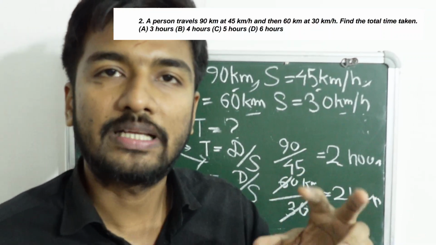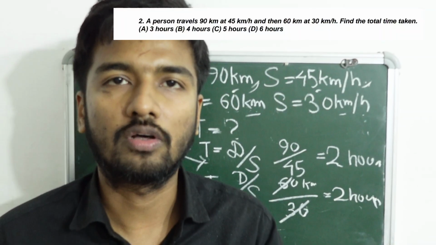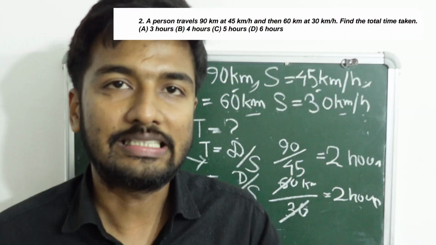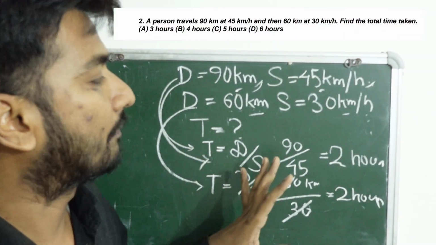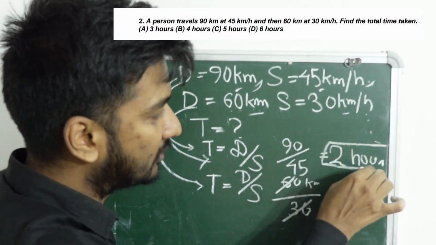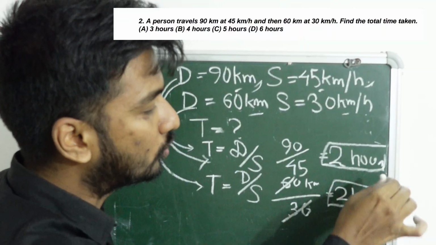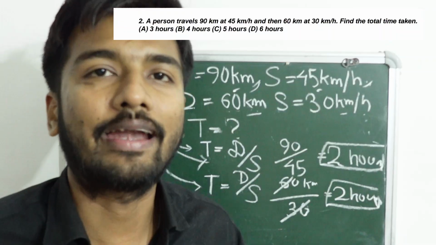So this question is basically a type of sample 1 question, but where you have to find out the time taken by each part. So 2 hours for the first part and 2 hours for the second. What is the total time taken? When it is said total time taken, you add up.